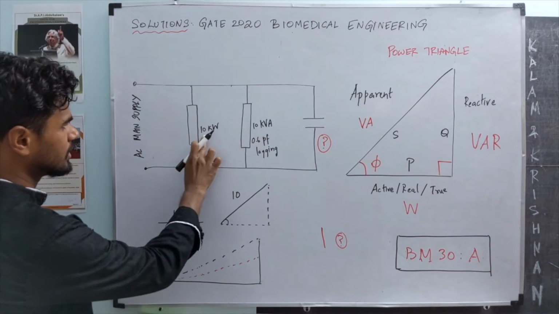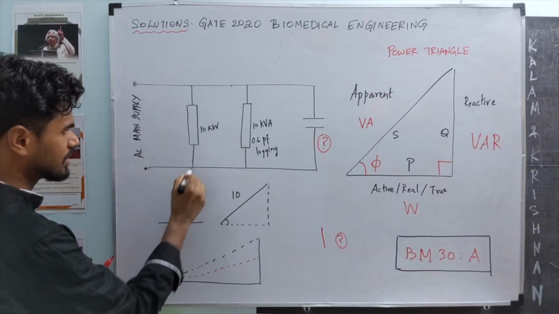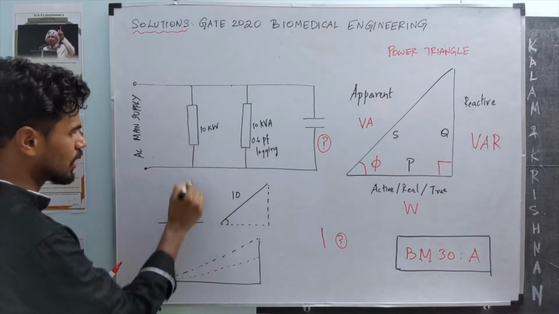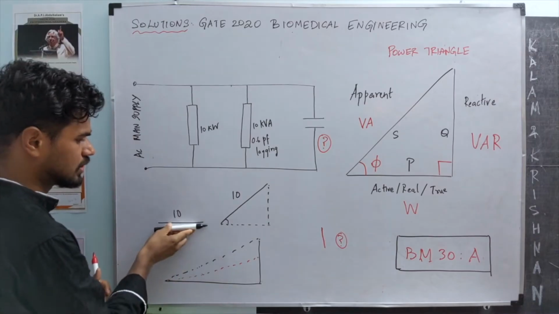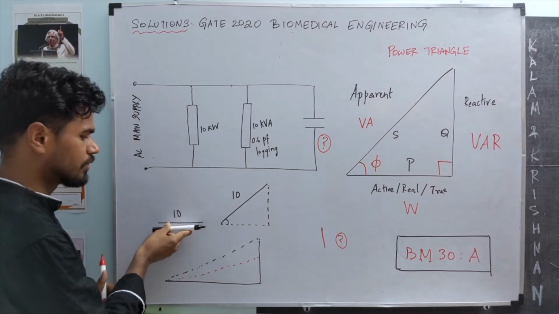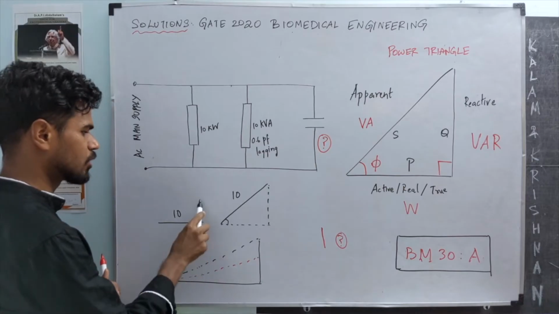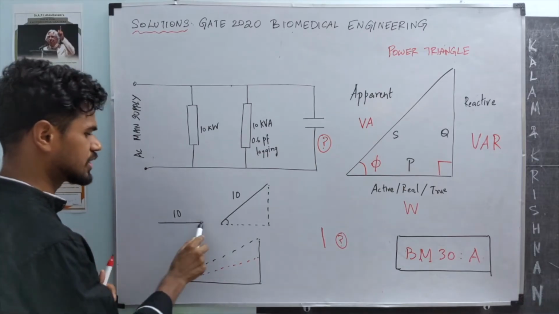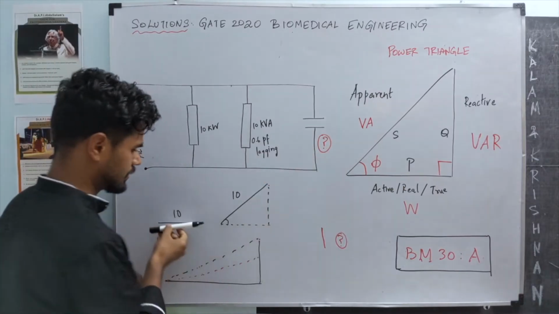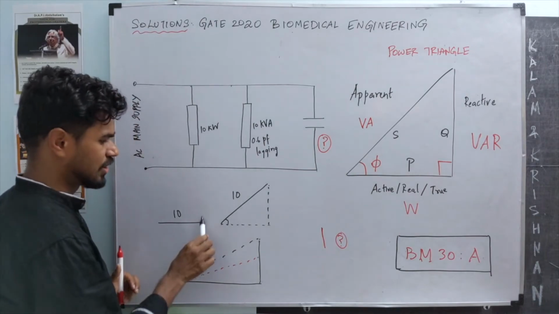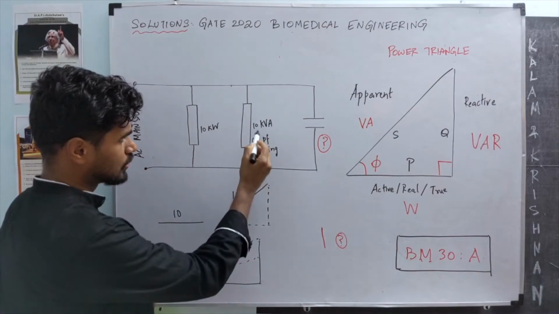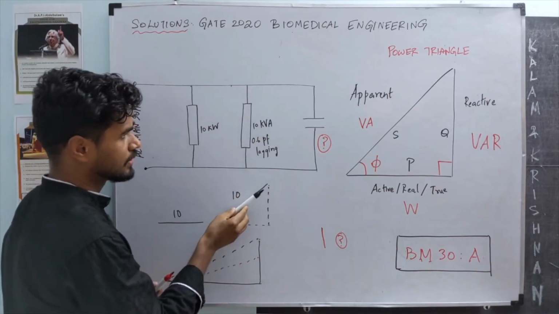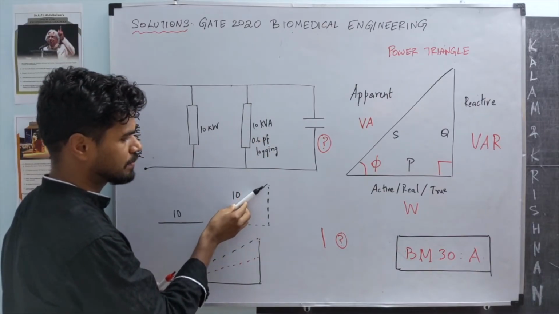So 10 kilowatts, the power triangle corresponding to this load 1 is just a single line, because all of it is active power. There is no reactive component. That's also equal to the apparent power. So this is a triangle with zero height. And 10 kilovolt ampere is the apparent power.